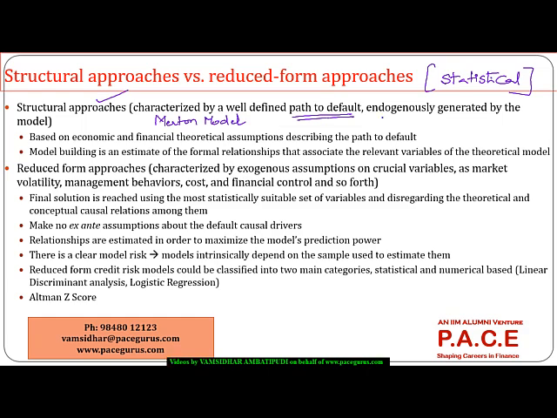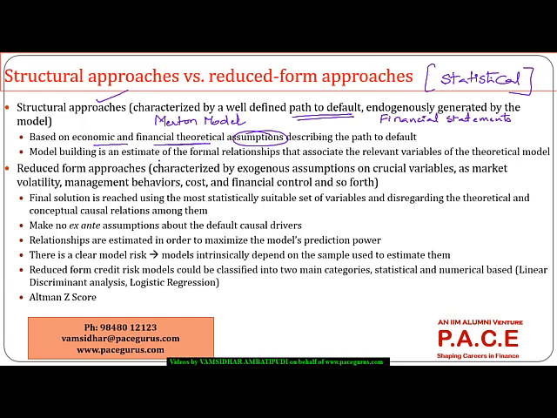Probability of default is purely computed based on the balance sheet or the financial statements of the firm. The financial statements of the firm will be the input to compute the probability of default in the case of the Merton model. So they are based on economic and financial theoretical assumptions.